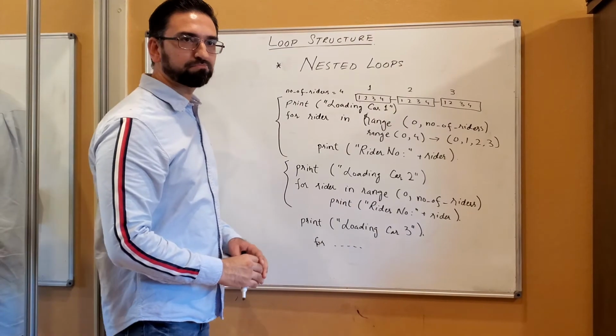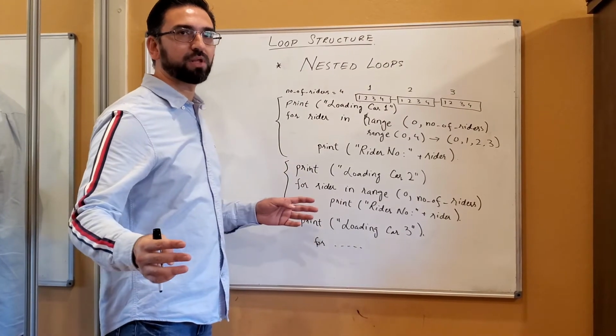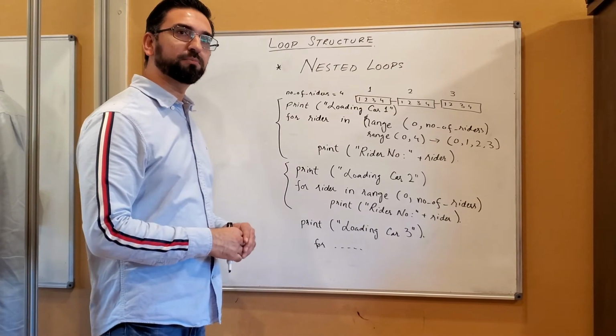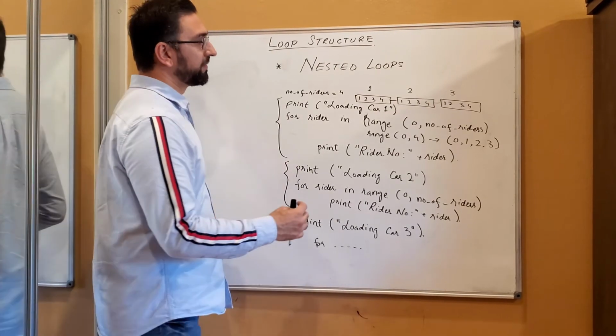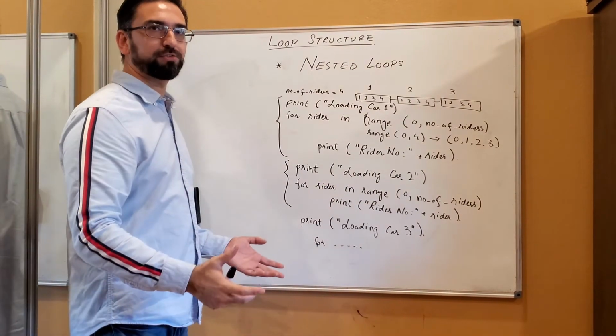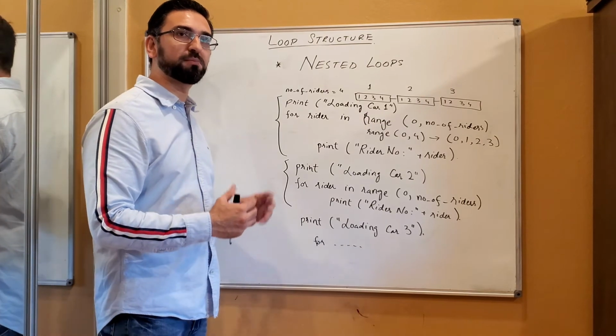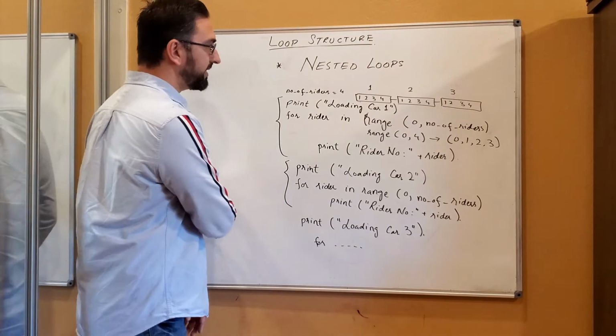What if we have a train with 150 bogies to fill? Then we would have to write this for loop 150 times, which is obviously not practical. So we can shorten this by using nested loops. Let's see how we can do that.